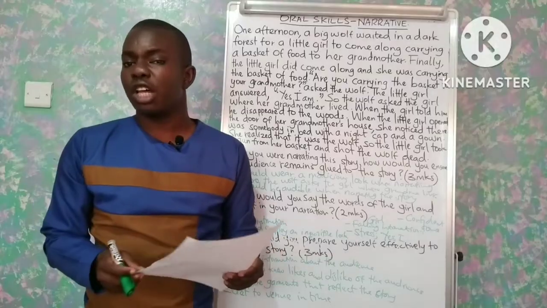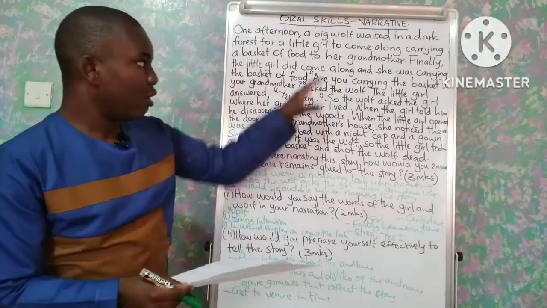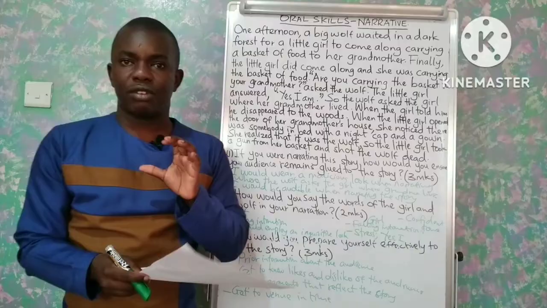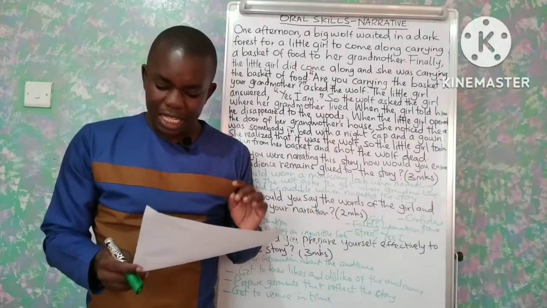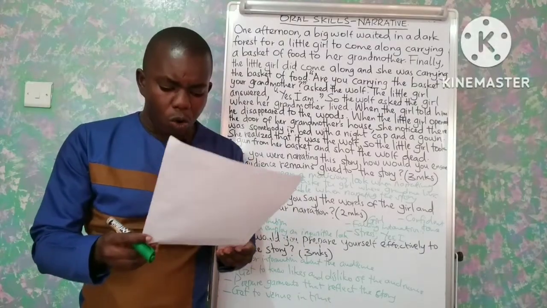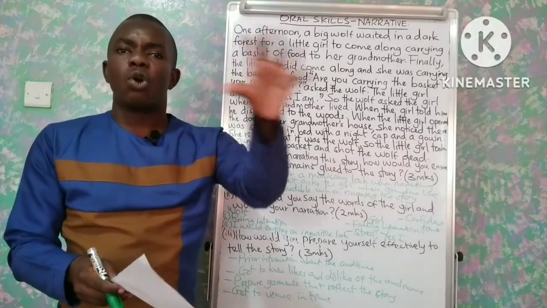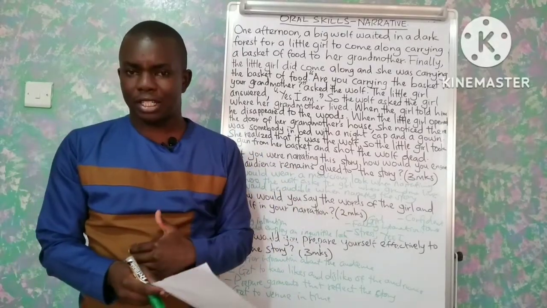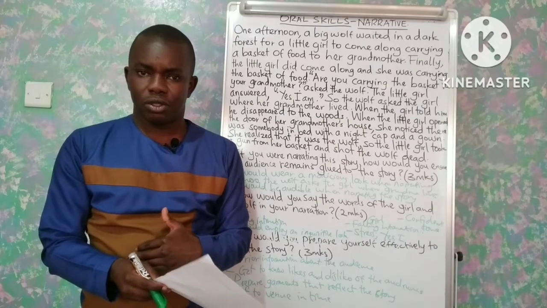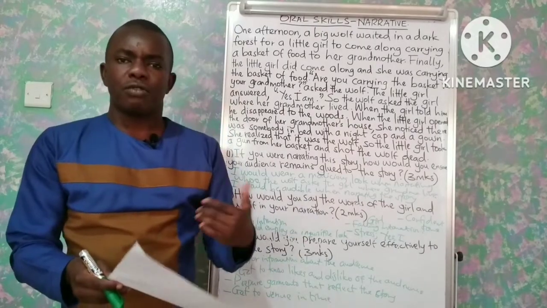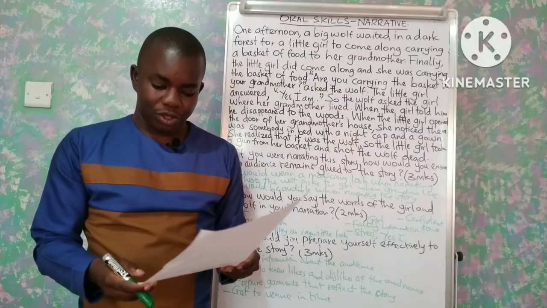There is another question that could be asked when a narrative is tested, and that is, how would you draw the attention of your audience? You will have responses like this.